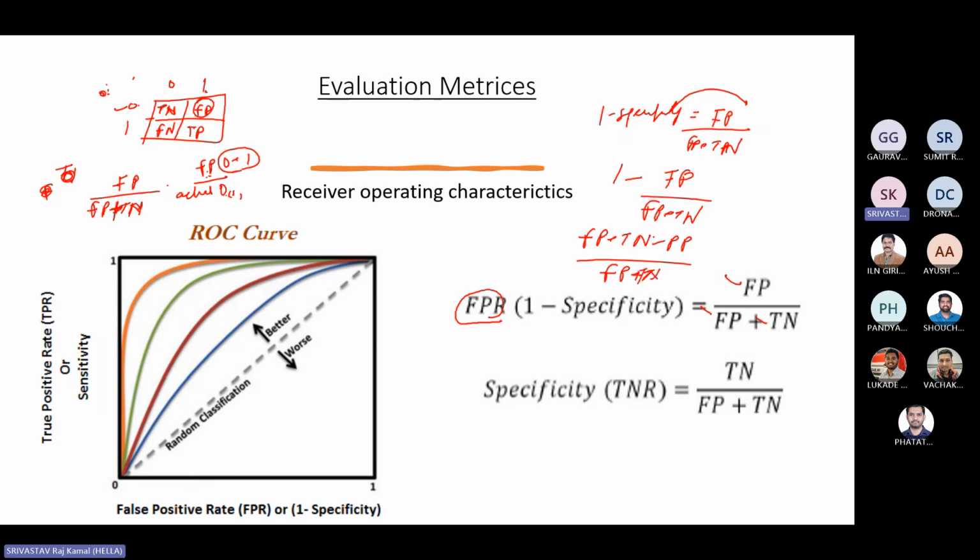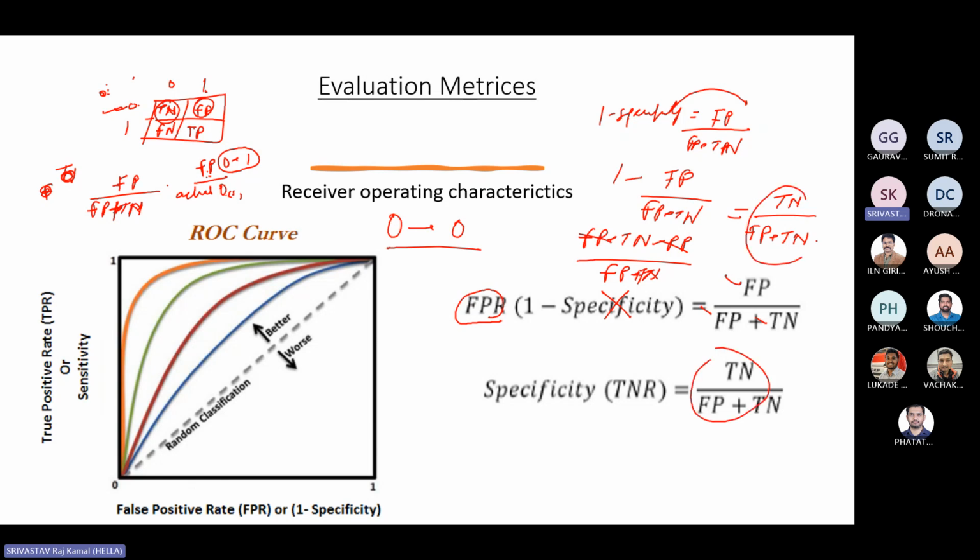I do not want to go into detail on that. This becomes true negative upon false positive plus true negative. So this is the opposite: actual zeros converted into zeros out of all zeros. It's just mathematics, so I don't want you to dwell on the specificity. This is what we derived here.